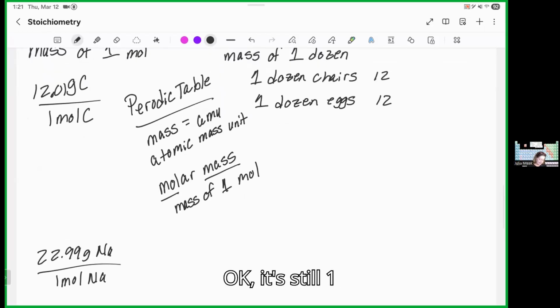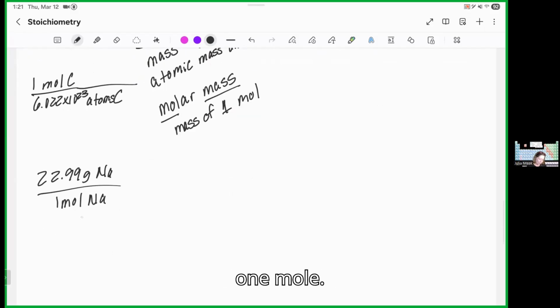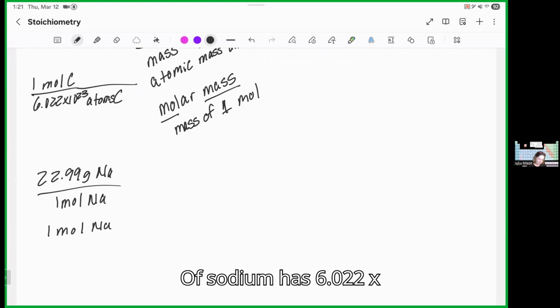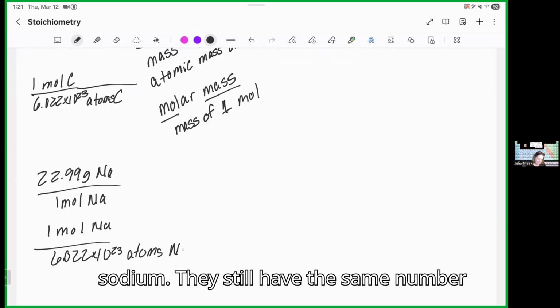Okay, it's still 1 mole of carbon is 6.022 times 10 to the 23rd atoms of carbon. Okay, 1 mole of sodium is 6.022 times 10 to the 23rd atoms of sodium.